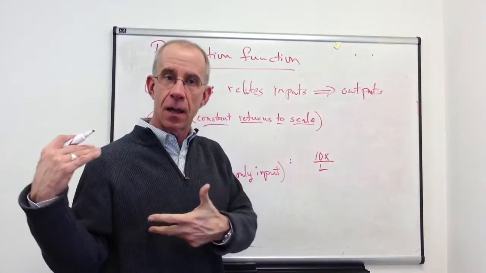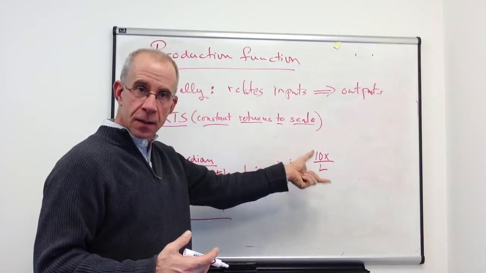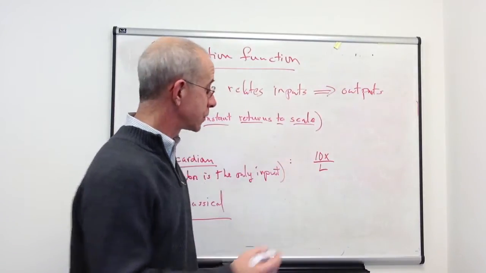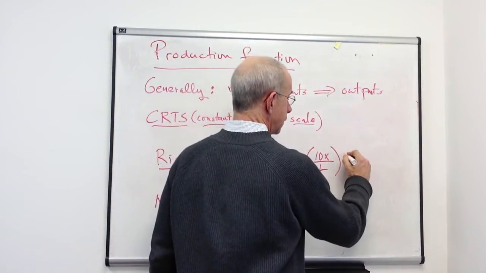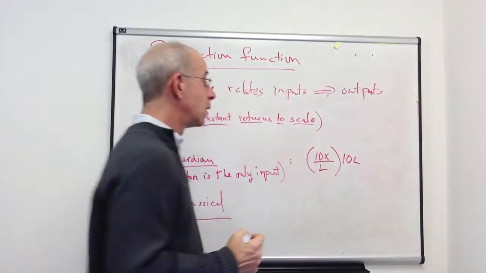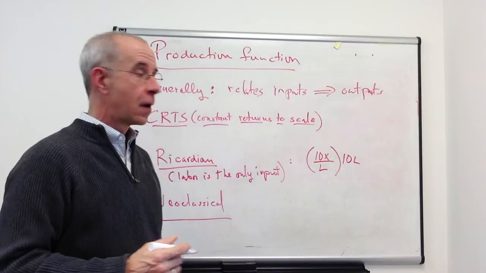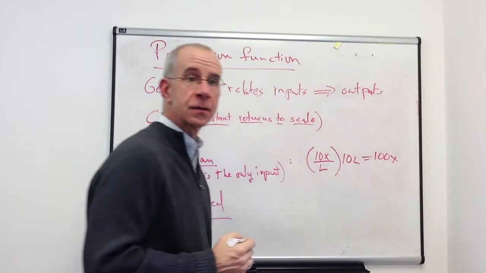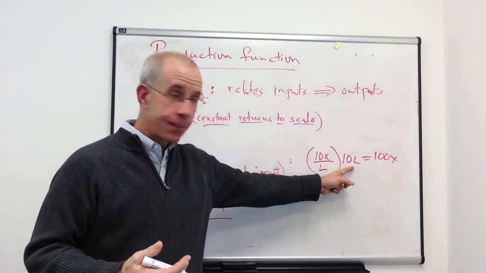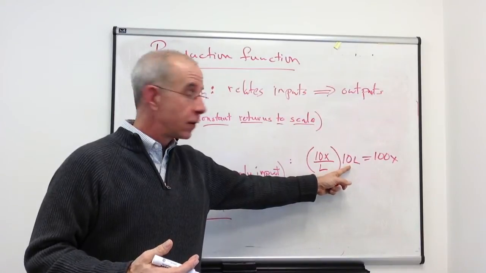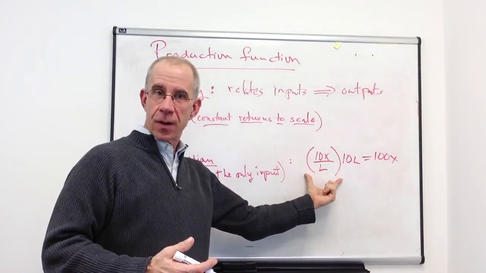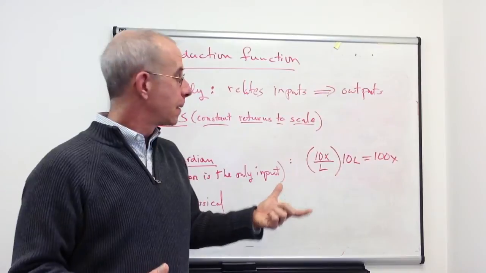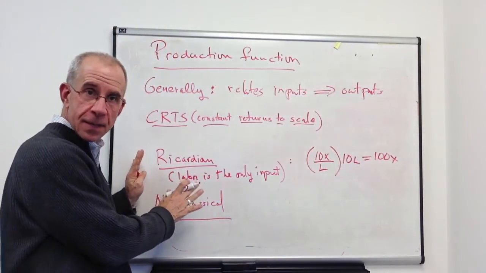Now there's some technology in the background, but this is the number of inputs that are used. So this is relating output to the amount of resources, and if I use 10 workers, then what I'm going to get is 100 units of X, really a summary of the production technology. This is really relating the efficiency of workers to be able to produce X.